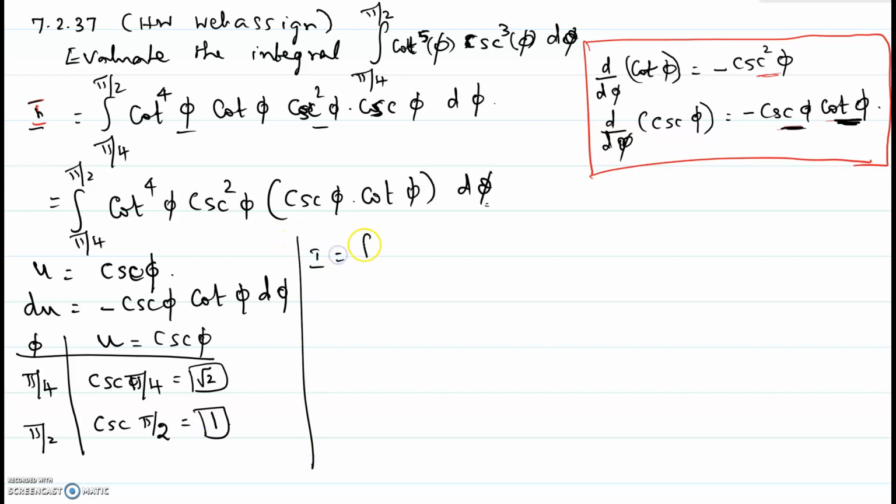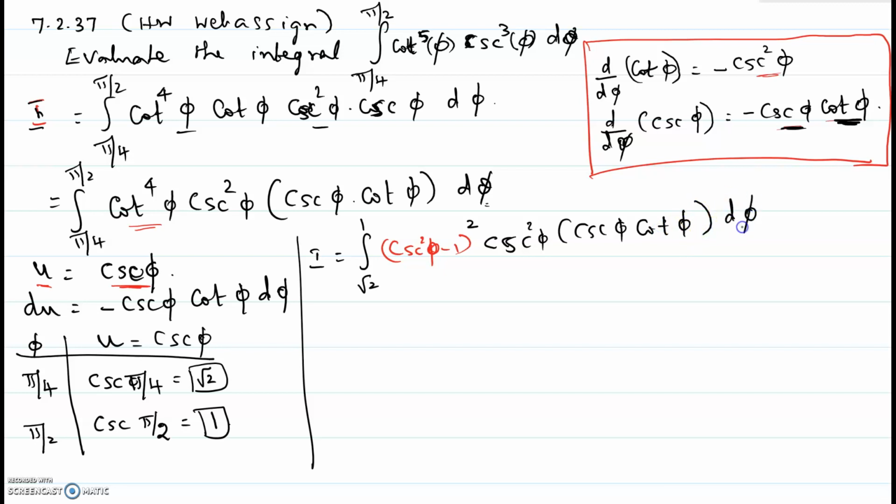So we can write I as the integral from square root of 2 to 1. Then we are substituting u equal to cosecant phi. So we are going to write cotangent square as cosecant square minus 1. That is cotangent square, but that has been raised to the square, so that will become cotangent to the power 4. Cosecant square phi times cosecant phi cotangent phi d phi.